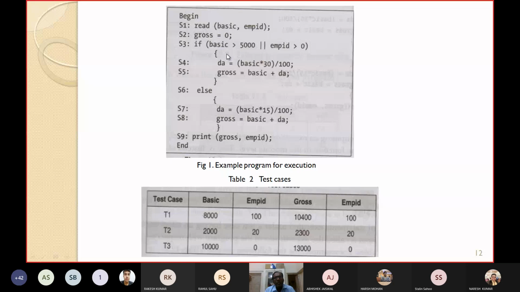Only T2 will be affected, because S7 will be executed only when basic pay is less than 5,000. So when I am making any change to S7, there is no need to rerun all of T1, T2, T3. I can prioritize now. Only T2 will be given the first priority and only that one will be executed. T1 and T3 need not be executed.